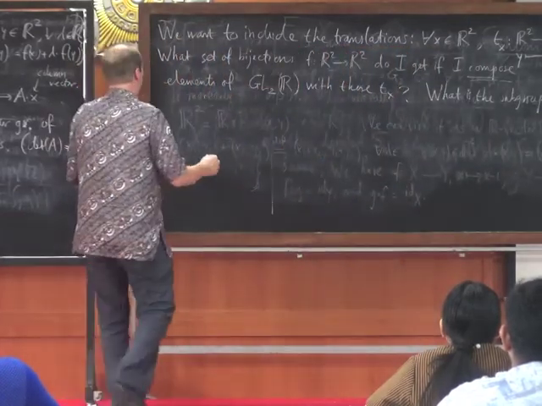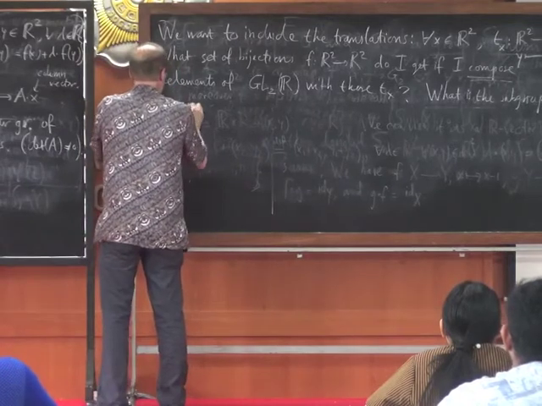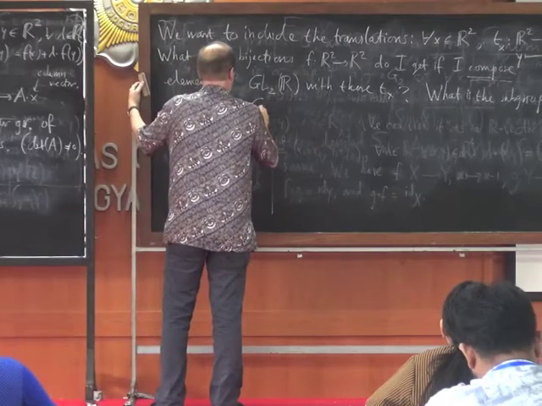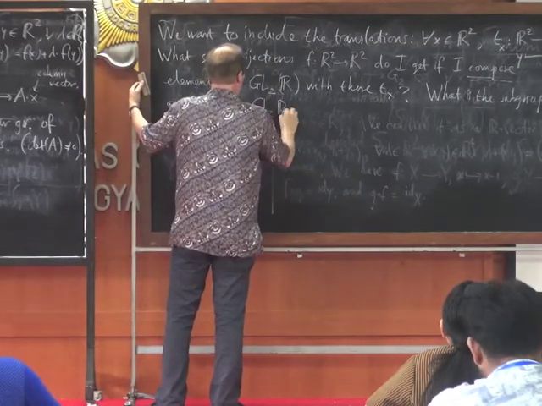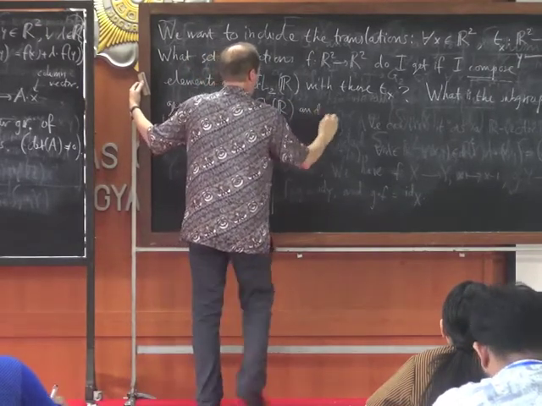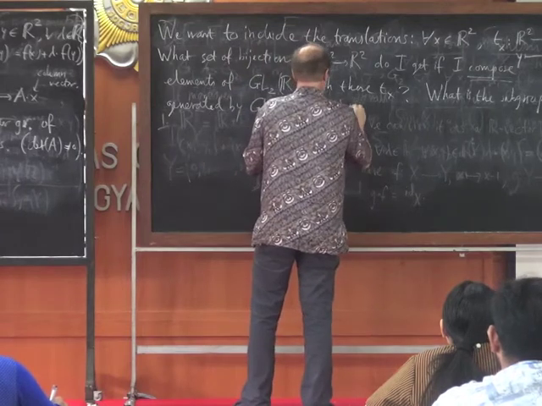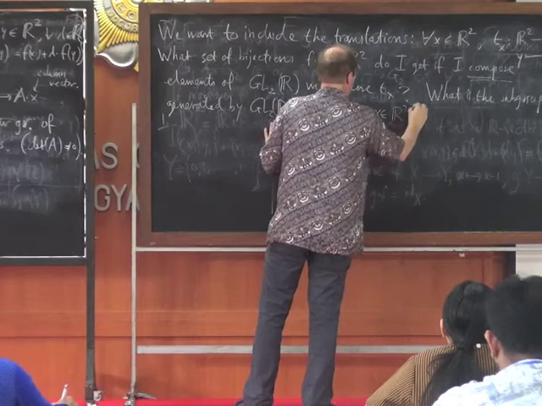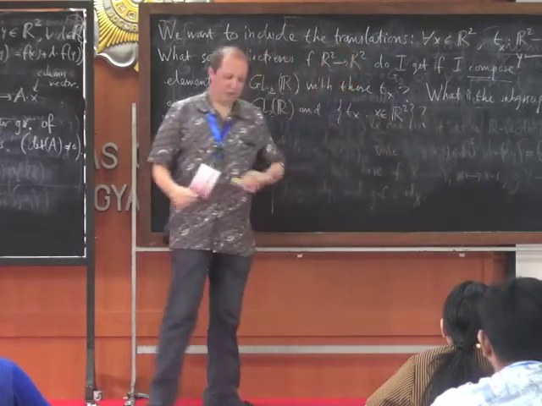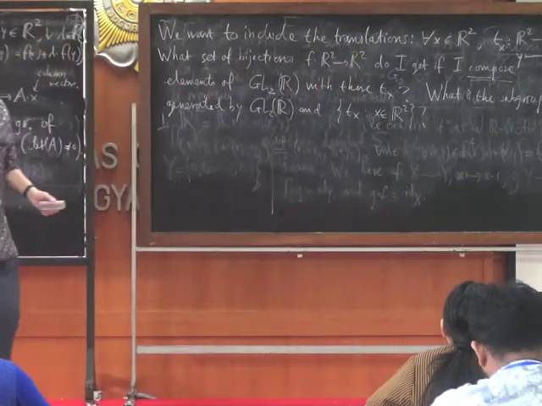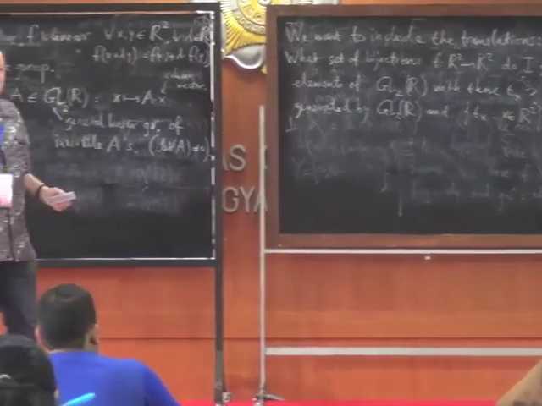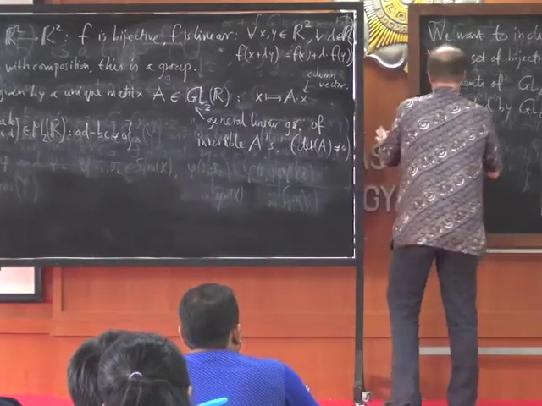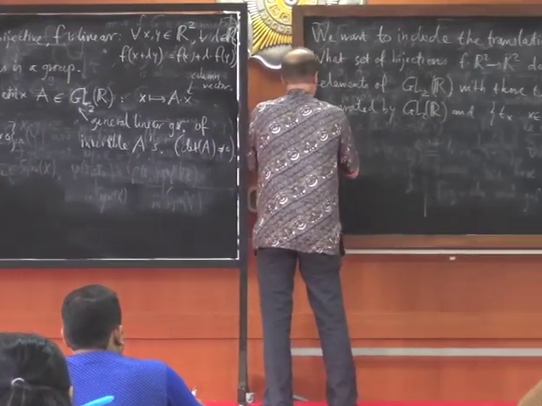What is the subgroup of that generated by GL2R and the translations Tx for x in R2? And I think my time is almost up, so I'm not going to do the exercise, but I give you the answer.